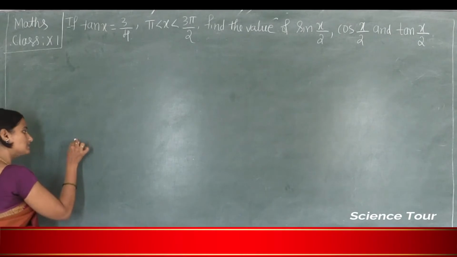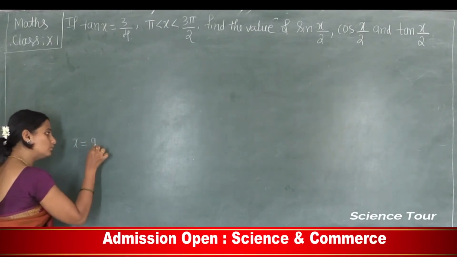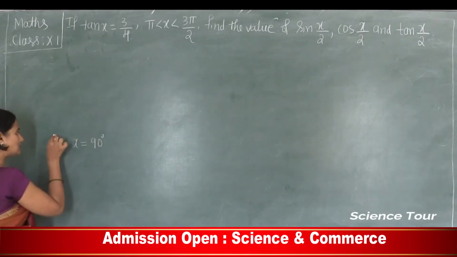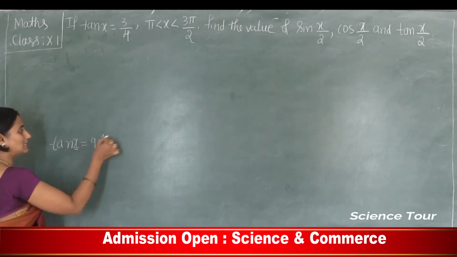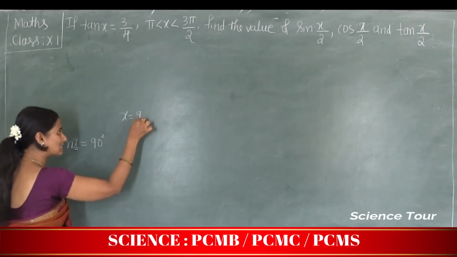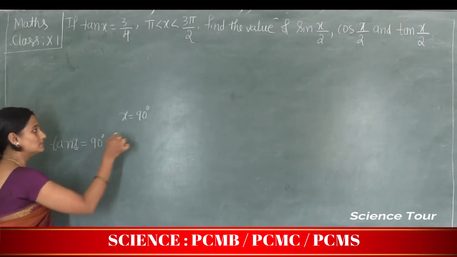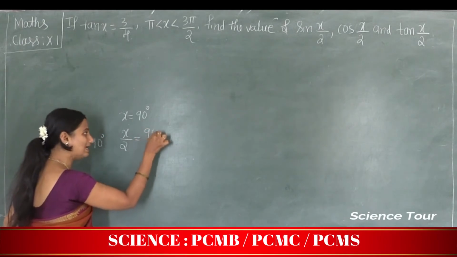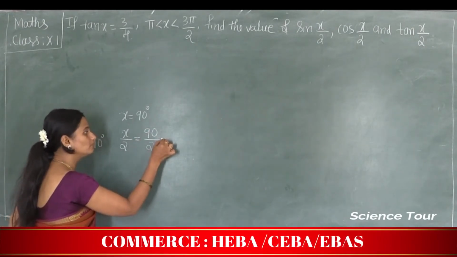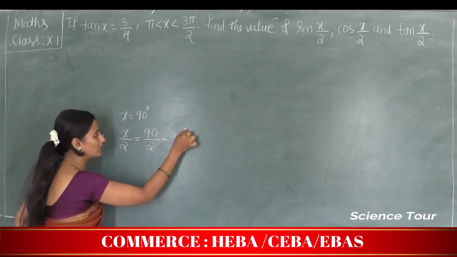How is it? Suppose x is equal to 90 degree. So what is your x by 2? x by 2 means 90 divided by 2, which is equal to 45 degree.